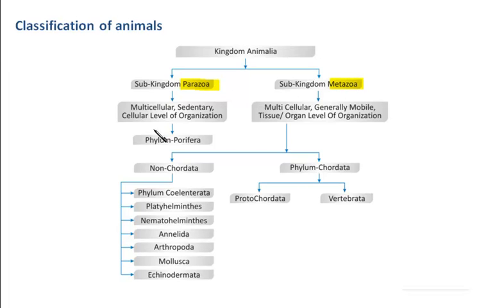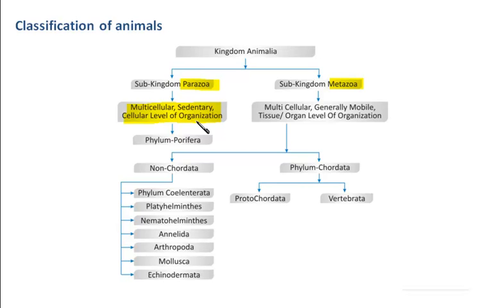Parazoa includes organisms which are multicellular, sedentary, and they have the cellular level of organization, right? In this case, I've said that they are multicellular, so there is no confusion in this that they are made up of more than a single cell. They are made up of many cells. Sedentary means what? They are not motile. They are fixed on some substratum and they are living on that support.